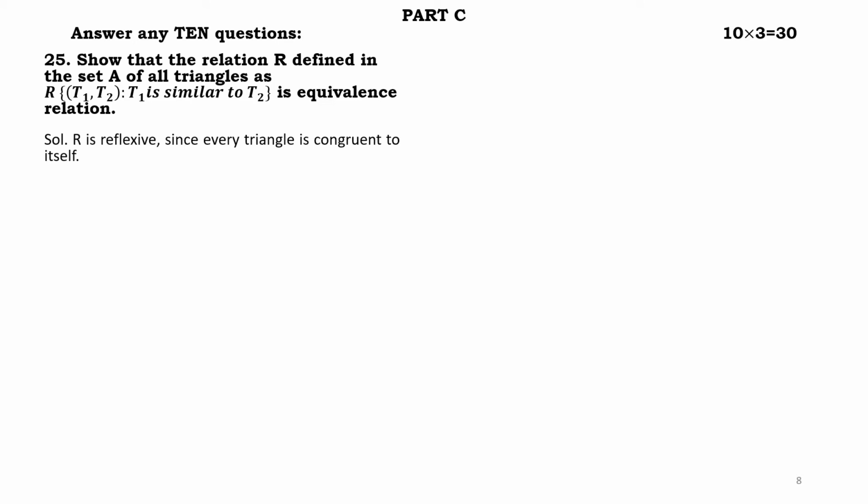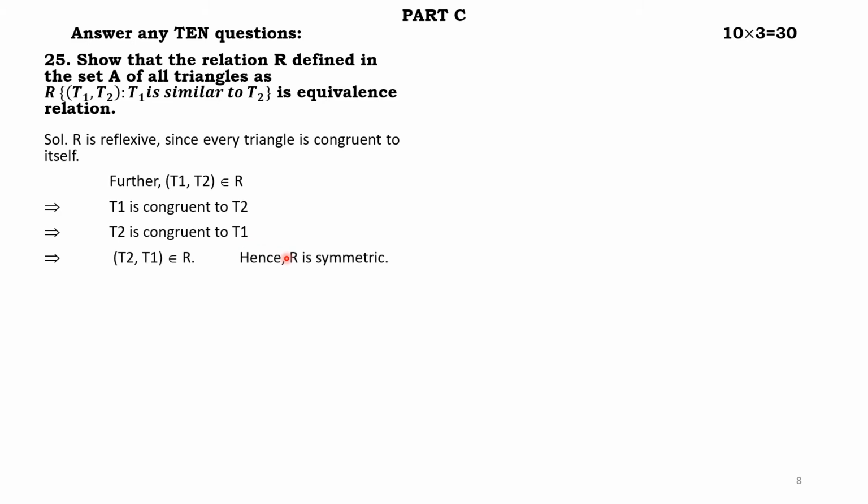R is reflexive since every triangle is congruent to itself. Further, if (T1, T2) belongs to R, then T1 is congruent to T2 and T2 is congruent to T1. So (T2, T1) belongs to R. Hence, R is symmetric.